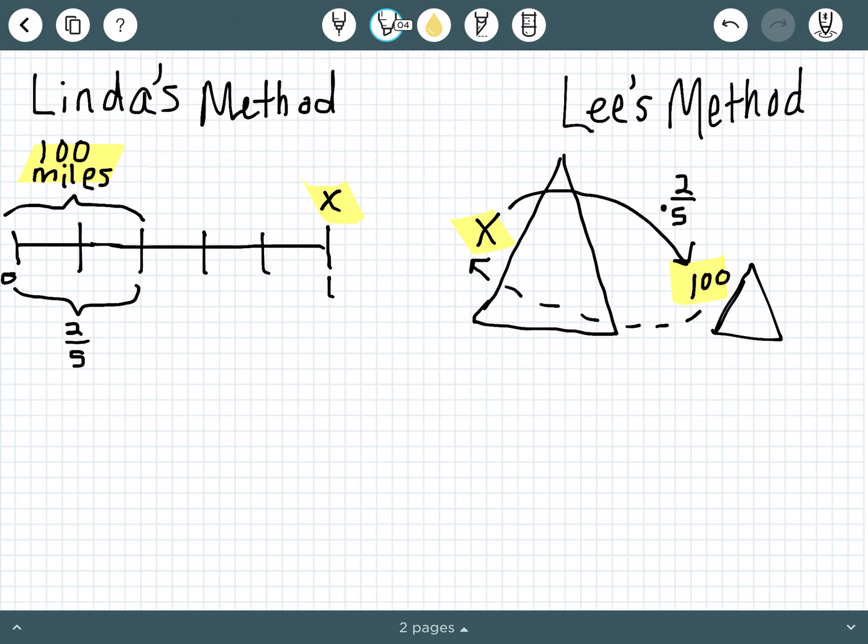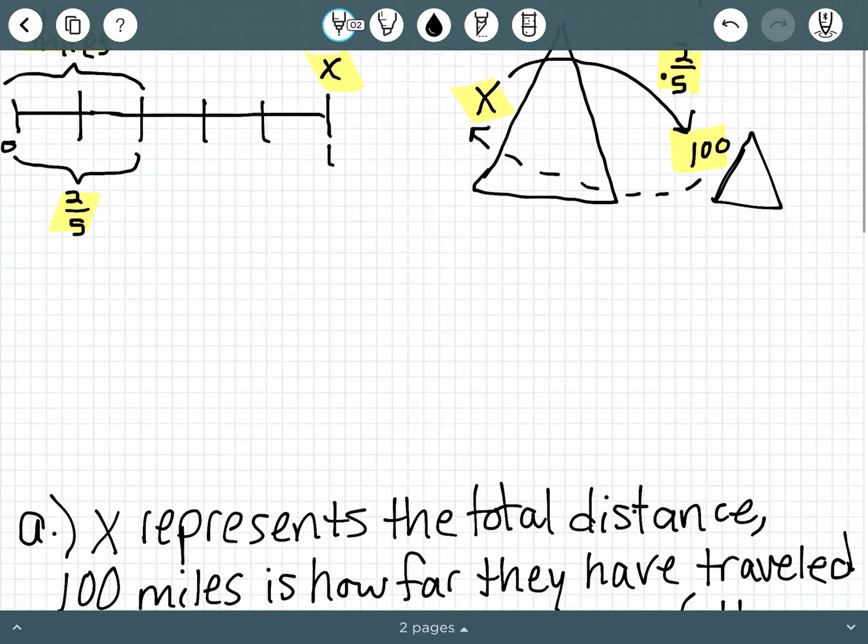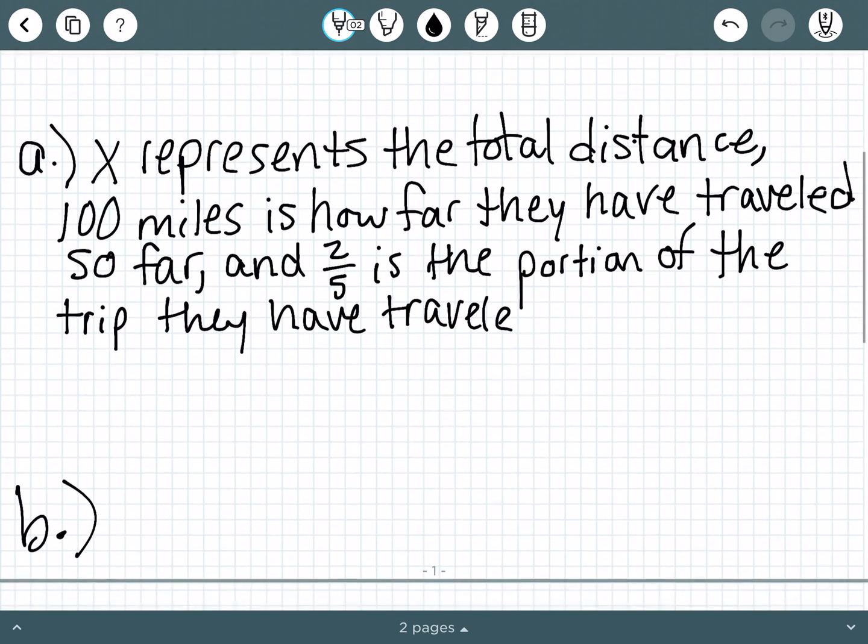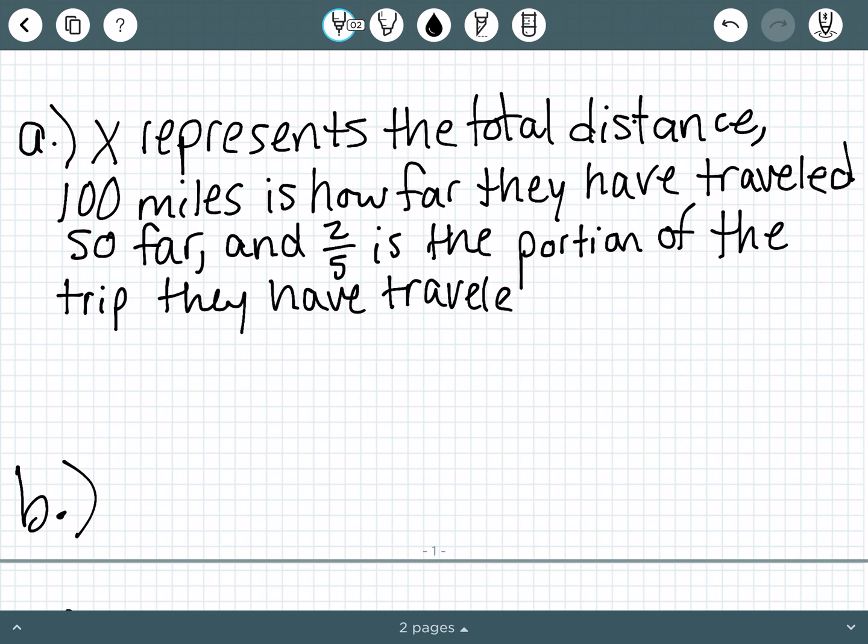And you will also notice that we have a 2/5 and a 2/5. So keep in mind this 2/5 represents the portion that they have traveled so far. So that 100 miles is 2/5 of the total distance that they have to travel. So again, X represents the total distance. 100 miles is how far they have traveled so far, and 2/5 is the portion of the trip that they have traveled.